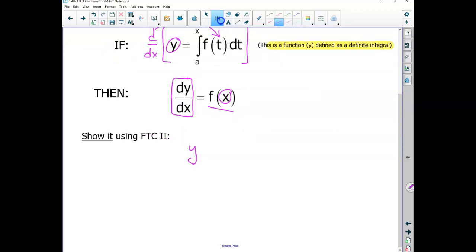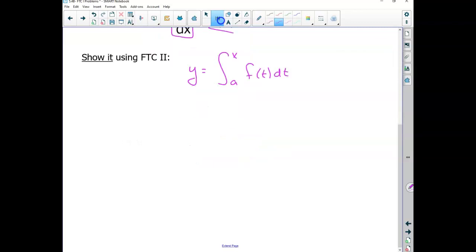So my y equals the integral from a to x of f of t dt. What does that mean? Well, that means y equals my area function.